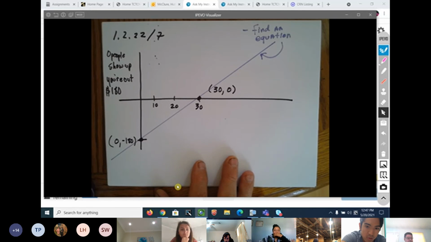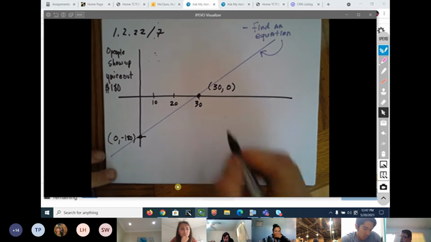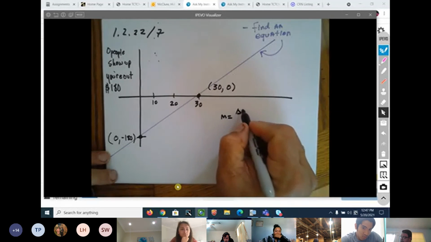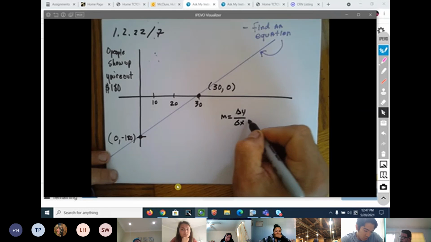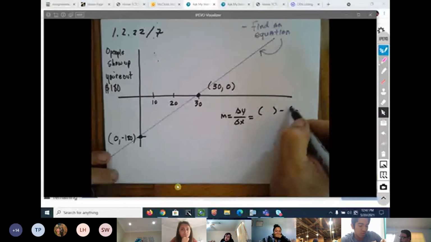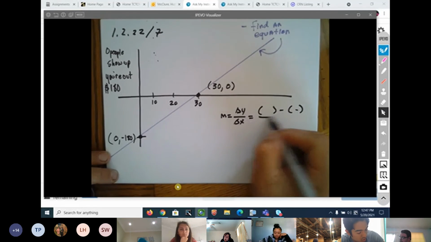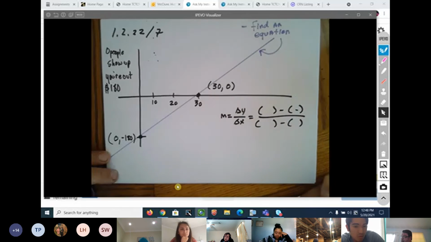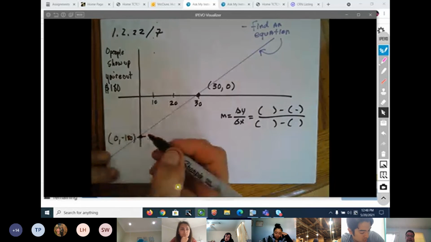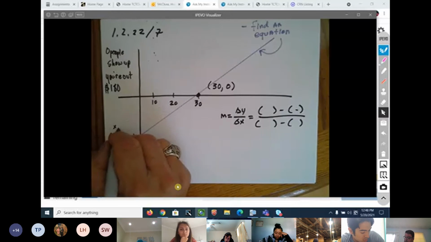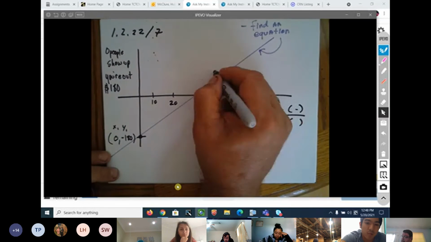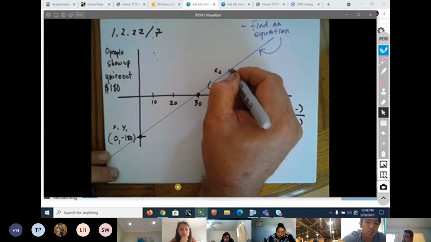All right, here we go. M is equal to delta y over delta x, which is equal to y sub 2 minus y sub 1 over x sub 2 minus x sub 1. We read from left to right, so this is x sub 1, y sub 1, and this is x sub 2, y sub 2.